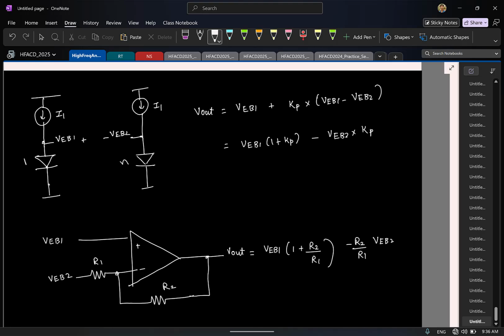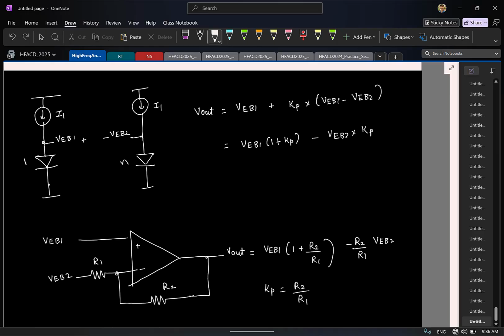So what is the gain Kp here now? What is determining this? Now tell me this: we want to essentially do this so that we get some quantity that is independent of temperature.